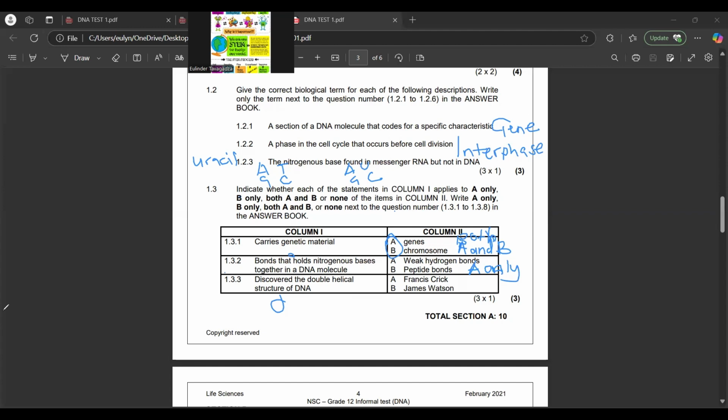They discovered the double helix structure using her images. So our answer here becomes both A and B.